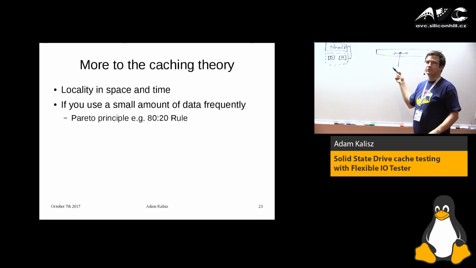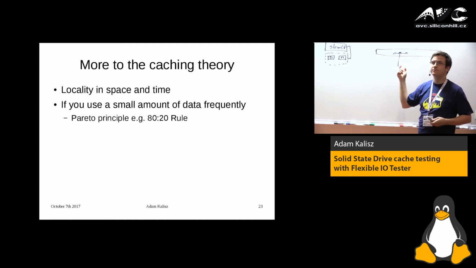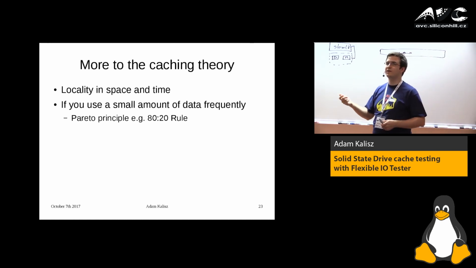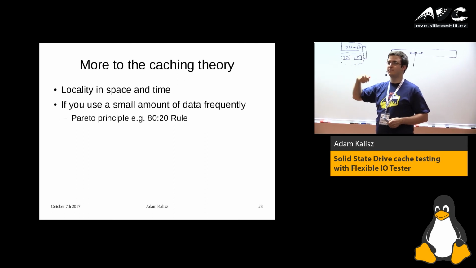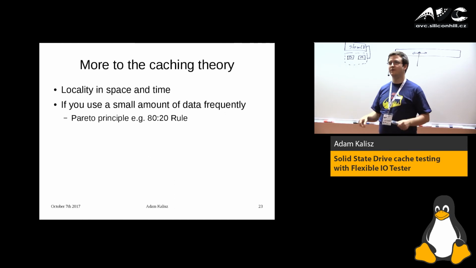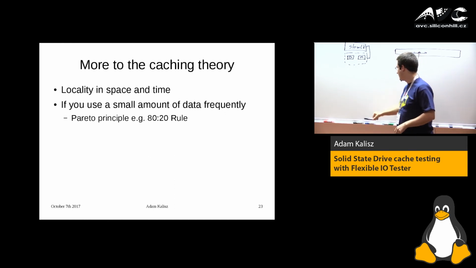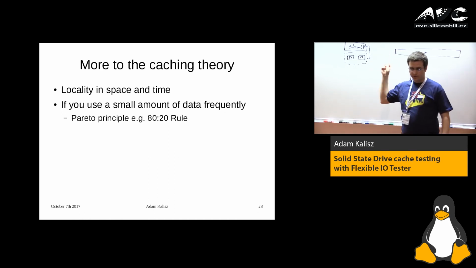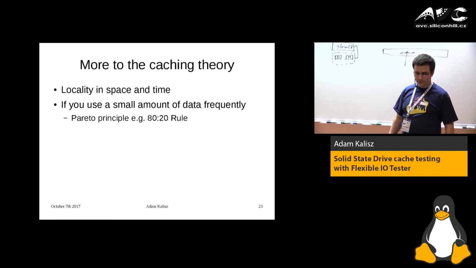And that works also in time. So if I accessed some data, I am very likely to access this data sometime in the future. And the likelihood drops with time, obviously.